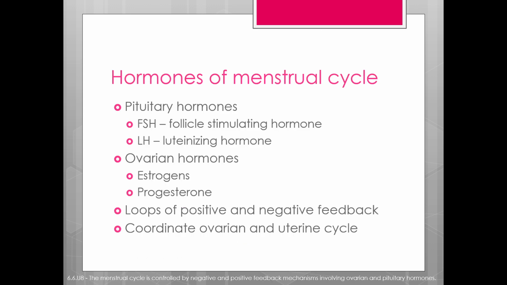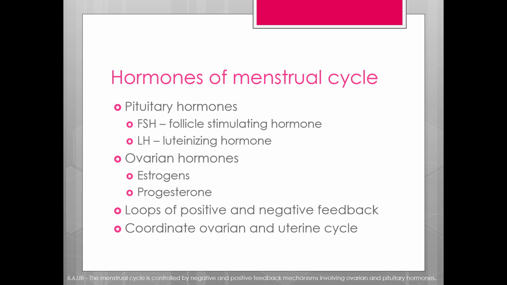There are 4 hormones we are going to discuss to understand how it works. 2 of them are produced by the pituitary gland. If you remember what was said about hormonal control of the whole organism in general, you remember that the pituitary gland tends to produce hormones which in turn control other endocrine glands.